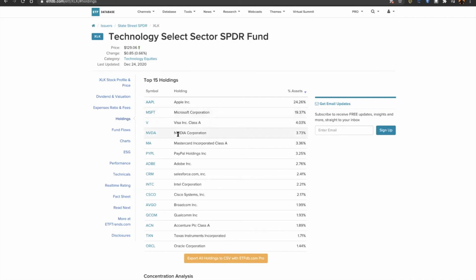One thing I can mention is they have Visa and also MasterCard, which we can consider value stocks, not high growth stocks. That was a bit different compared to the QQQ. QQQ is purely tech, but this one has some value stocks. That is a difference. But anyway, it's growing a lot last year too.